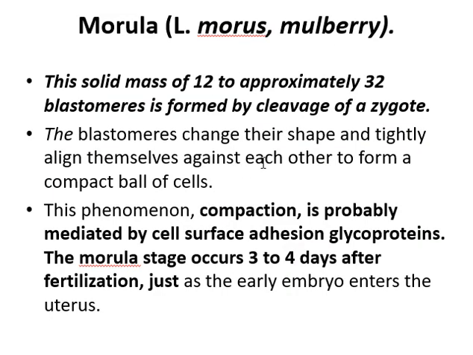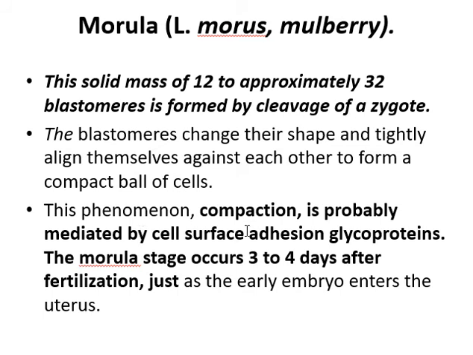This change in shape and tight alignment against each other is known as compaction. So with the help of compaction, they form a compact ball of cells, and that is called morula when the number is approximately from 12 to 32 blastomeres.